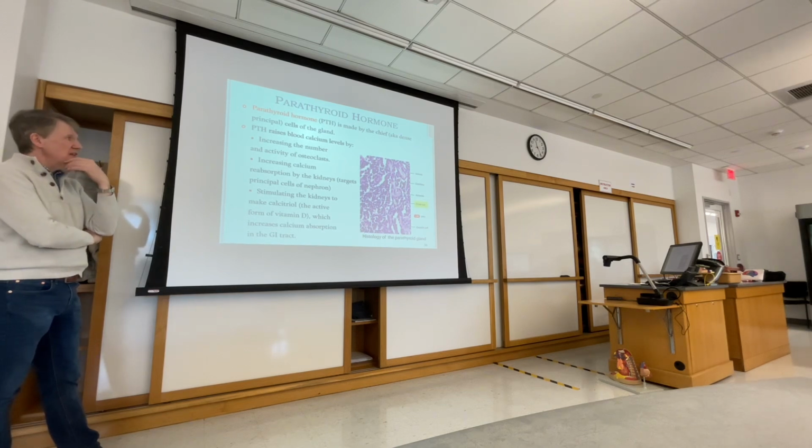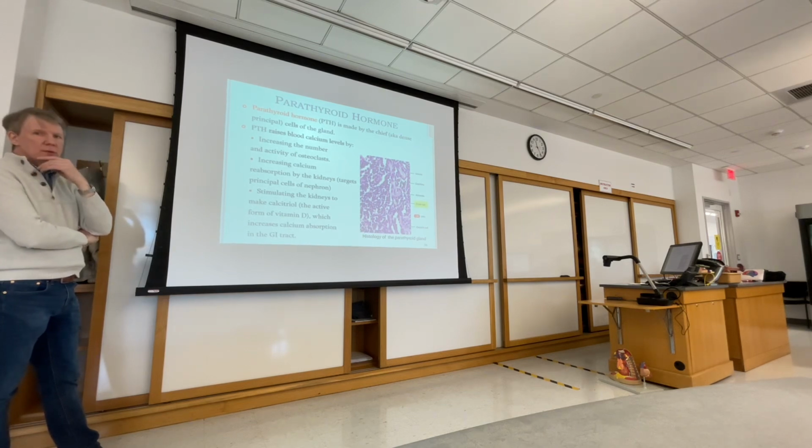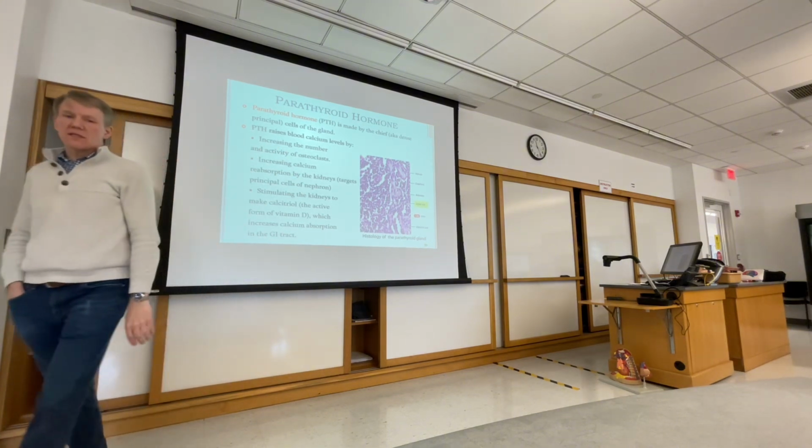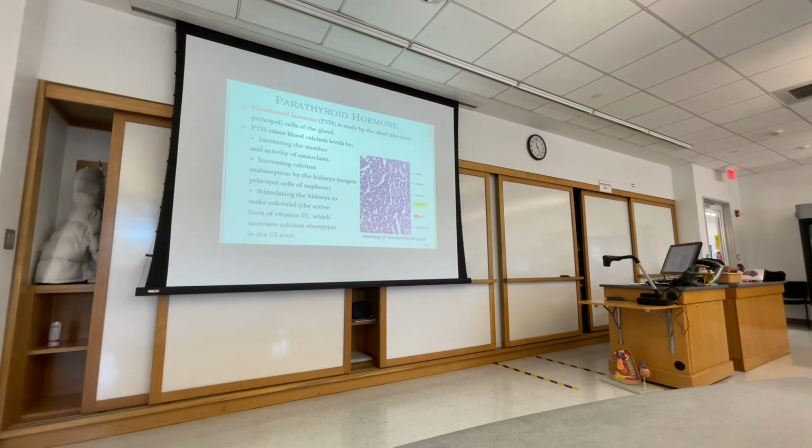And if you think about it again, what do osteoblasts do? Build. What do osteoclasts do? Break down. If you are turning on the osteoclasts, they're going to be breaking down the bone, and that calcium that was inside the bone is going to go into the blood, and that's going to raise blood calcium levels.